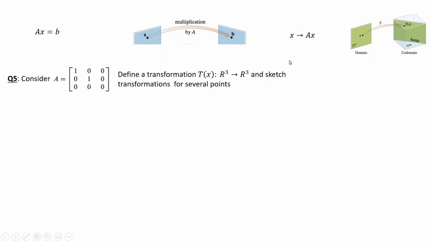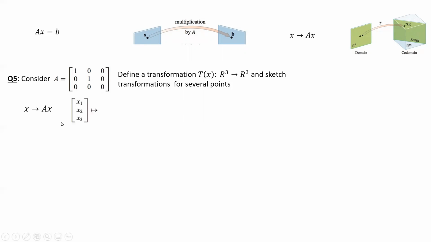So let's try to sketch several before and after points. For example, here we're given a reasonably simple matrix A, which defines the transformation from three-dimensional space to three-dimensional space. Let's just explicitly calculate this transformation and try to sketch 2-3 points before and after transformation, or original vectors and their image.